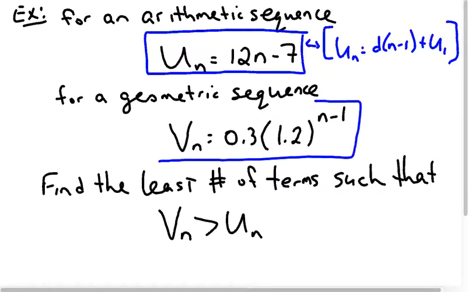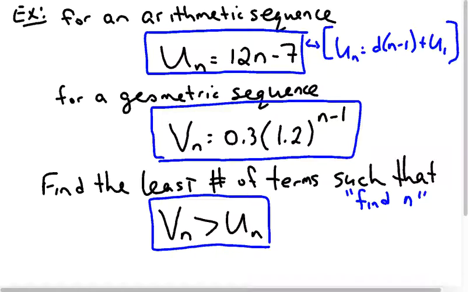V sub n equals. And the only reason they use v is because they already use u for the arithmetic sequence. So just to make a distinction, it's kind of like f of x and g of x. We want to find the least number of terms, so find n is what we're really being asked to find. Find n such that v of n is greater than u of n.